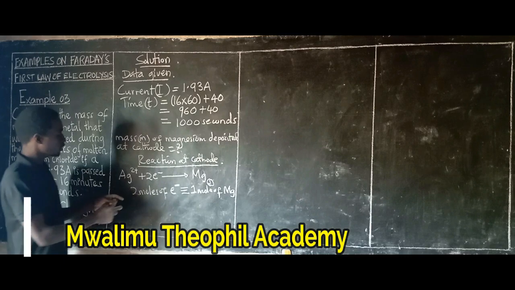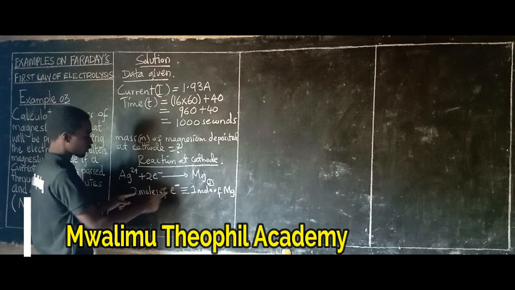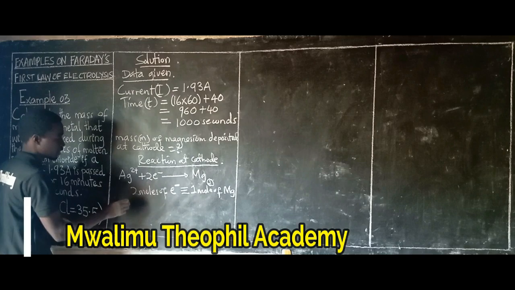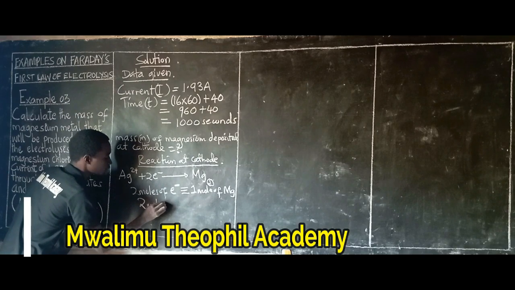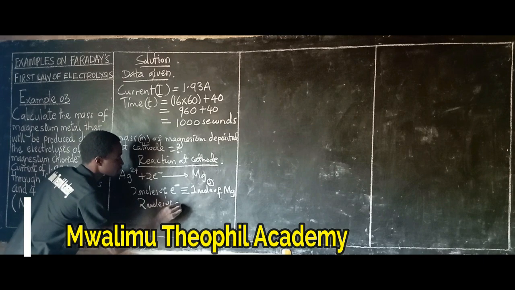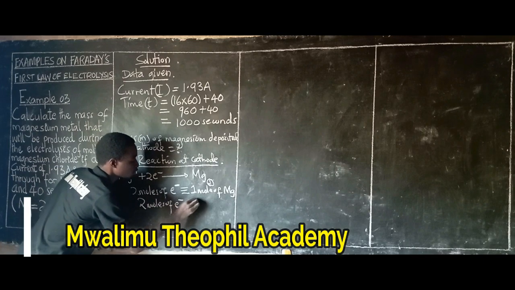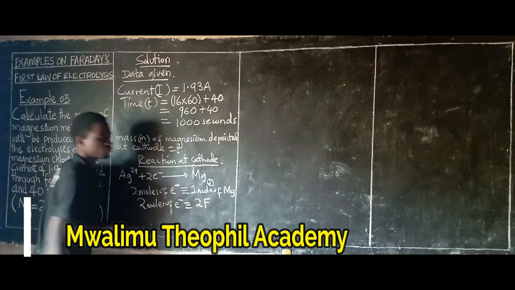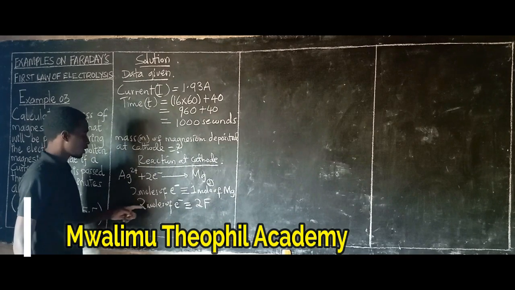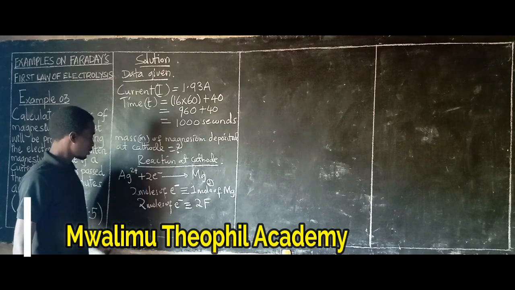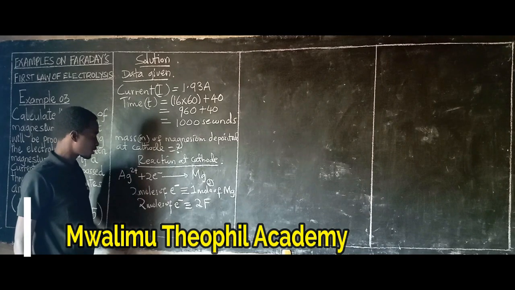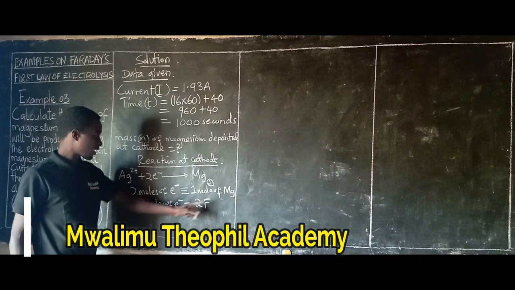So here we are going to convert these 2 moles of electrons into charge. Here we say that 2 moles of electrons are equivalent to 2 Faradays. This is true, that the number of moles is equivalent to the number of Faradays. So instead of writing 2 moles of electrons, I'm going to write 2 Faradays.